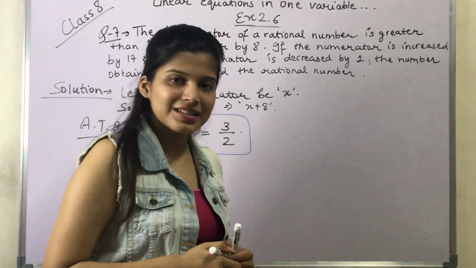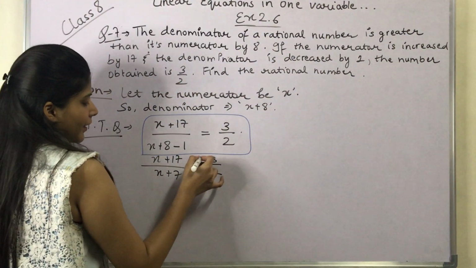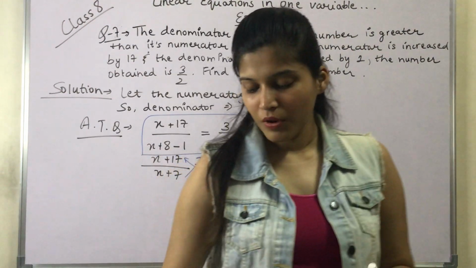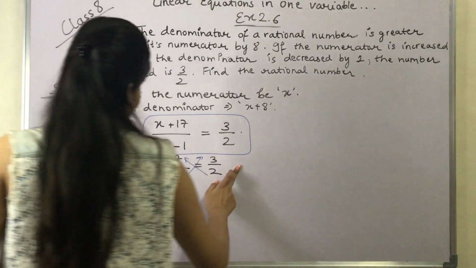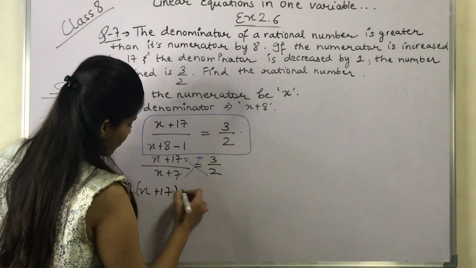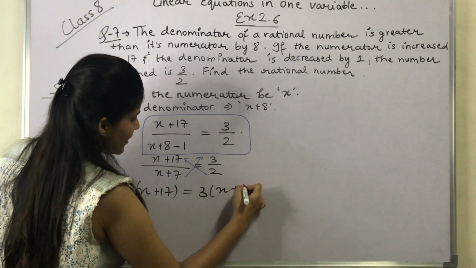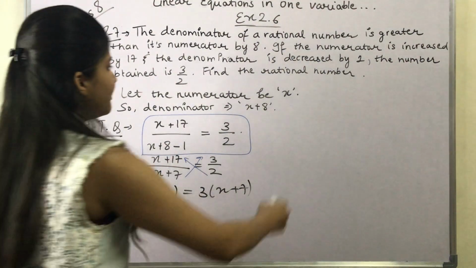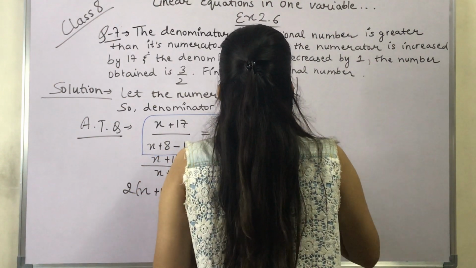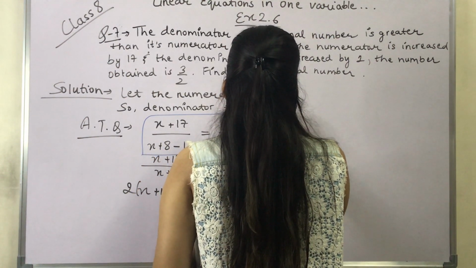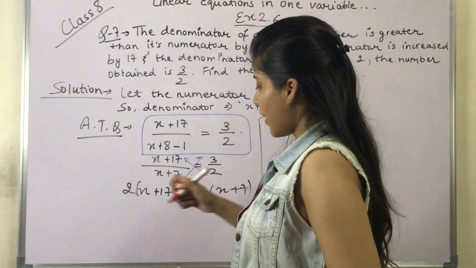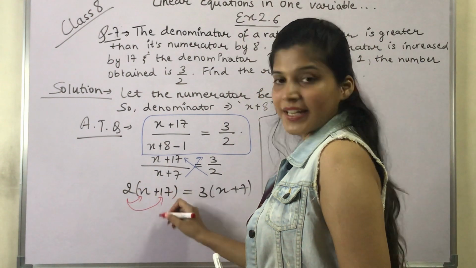हमने 8 में से 1 minus कर दिया. Now we will cross multiply. Okay, so x plus 17 will be multiplied to 2 and x plus 7 will be multiplied to 3. So x plus 17 into 2 equals to 3 into x plus 7. Now 2 will first be multiplied to x, then 2 into 17.